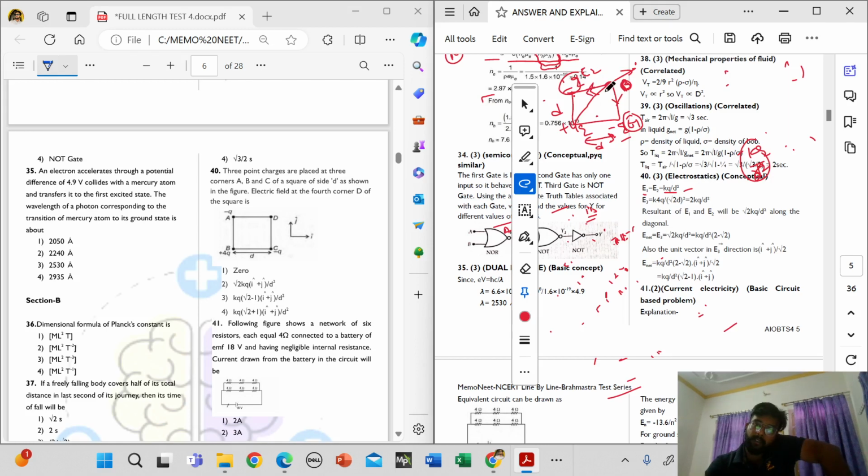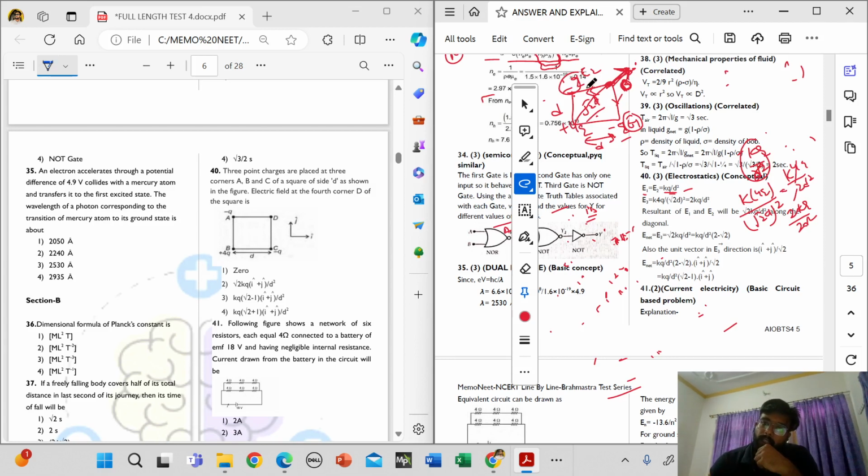And for this one also we get KQ upon D square. And we know that this diagonal will be equal to root 2 D. So we get K 4Q upon (root 2 D) whole square, then K 4Q upon 2D square, that is 2KQ upon D square, in the outward direction at this point from this charge 4Q.